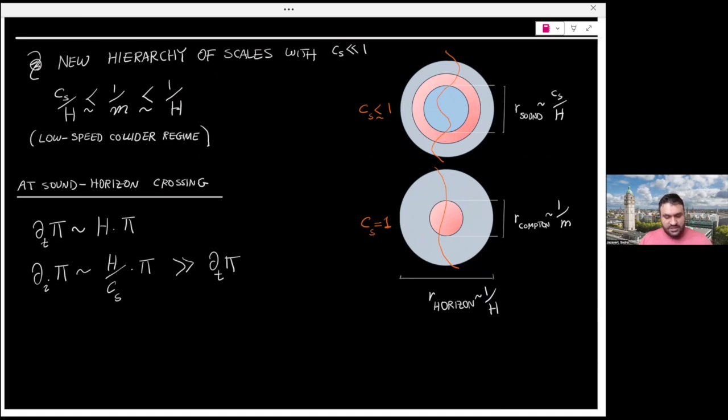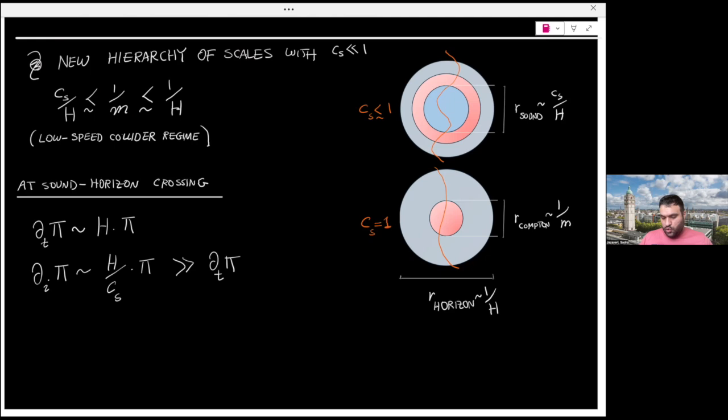So the hierarchy is the following. You have 3 length scales which can fall into this hierarchy. On the right, you have the horizon that sets the curvature of the cosmological background. Then you have the Compton wavelength of the heavy field, which I assume is smaller than Hubble, so the mass is heavier than Hubble. And then you have the sound horizon.